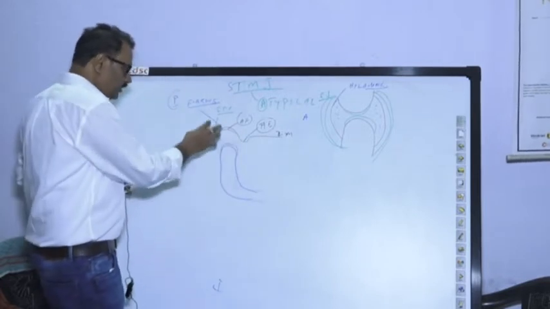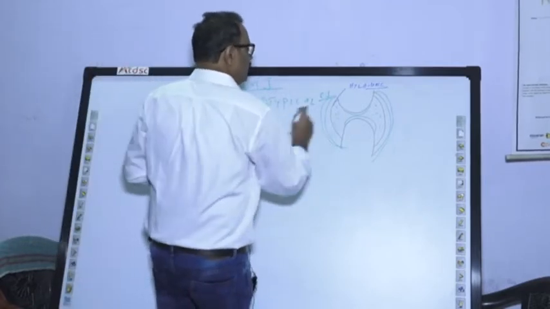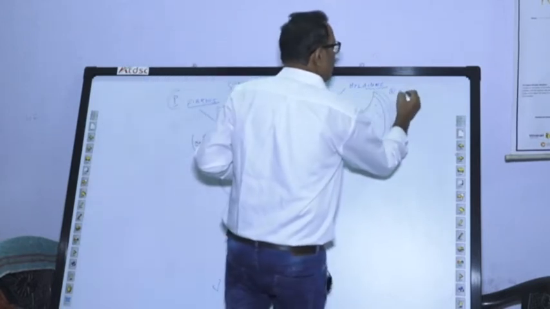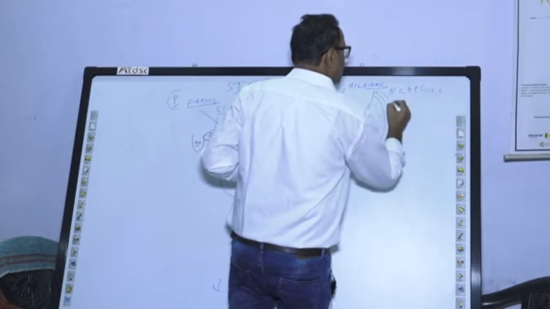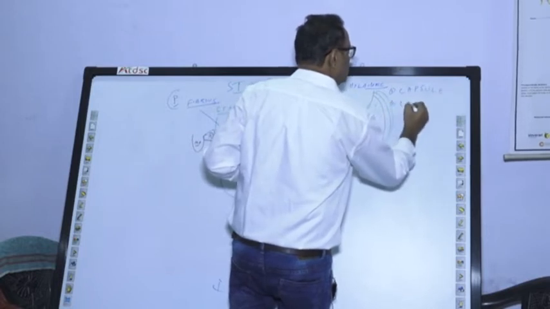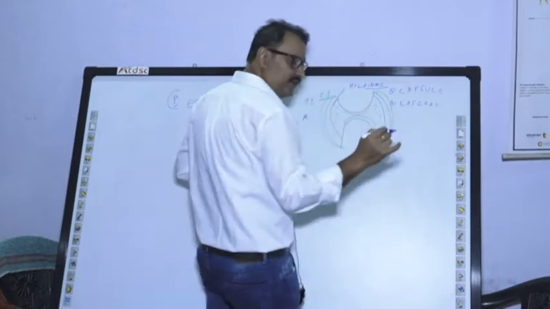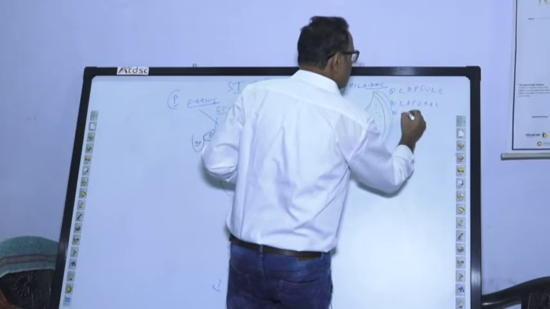Now the ligaments of the temporomandibular joint are, number one, the capsule. Then you have the lateral ligament, also known as the temporomandibular ligament. Then we have the sphenomandibular ligament.